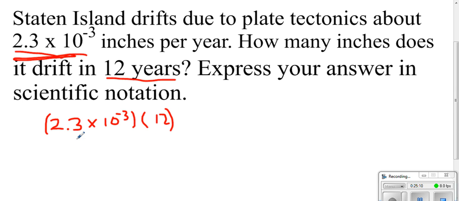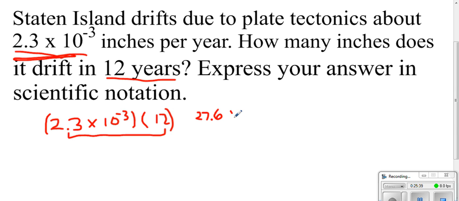Remember, you just multiply the numbers. All right, so you're taking just the numbers because there's no 10 to any power on the 12 right there. So you're multiplying 2.3 times 12, and you get 27.6.